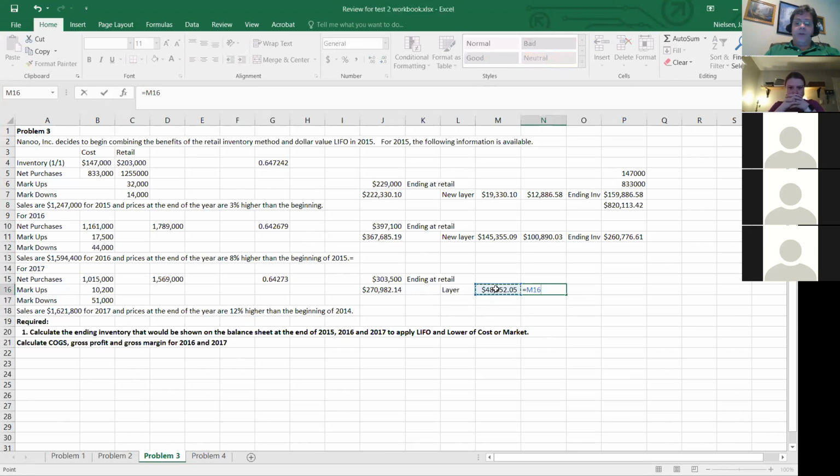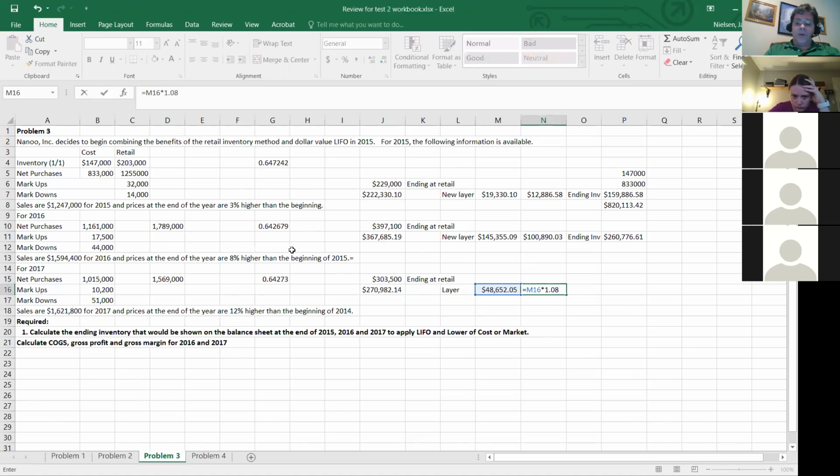And this time we're going to multiply it by 1.08. Why not 1.12? Because it's not from this year. It's from that year. So we use the 8% that belongs to that year, 2016.